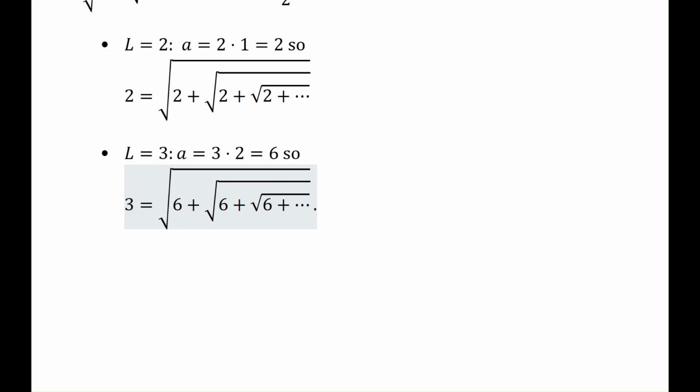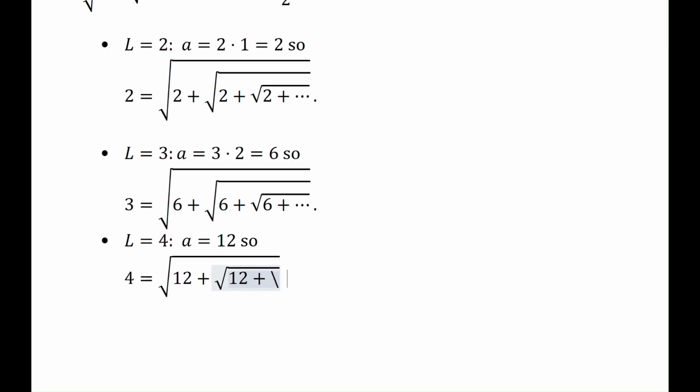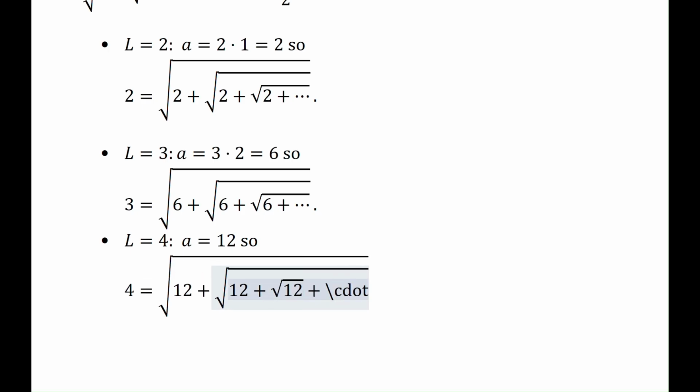What other special cases should we do? We did 2, we did 3. I don't know. You want to see 4? Why not? Let's just do while we're doing these nice easy numbers. Let's try L equals 4. In that case, A is 4 times 3, which is 12. So apparently 4 is equal to the square root of 12 plus the square root of 12 plus the square root of 12 plus etc.